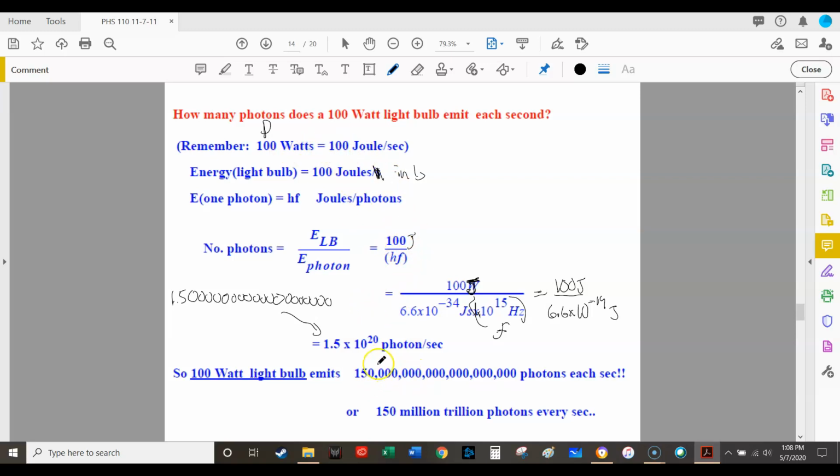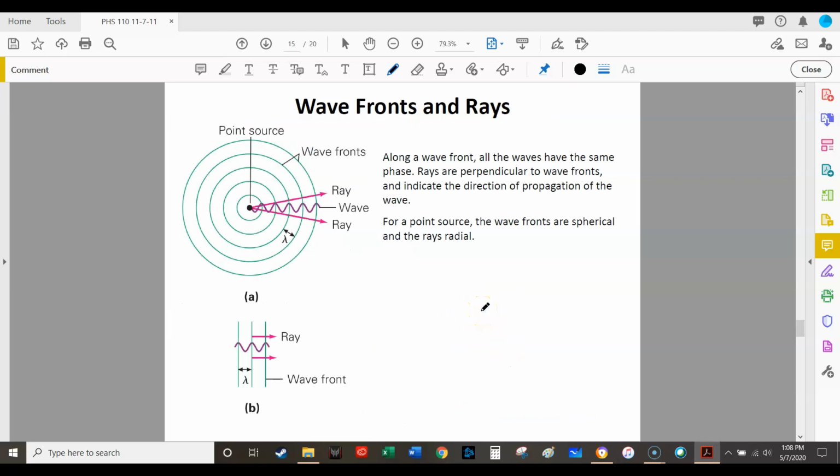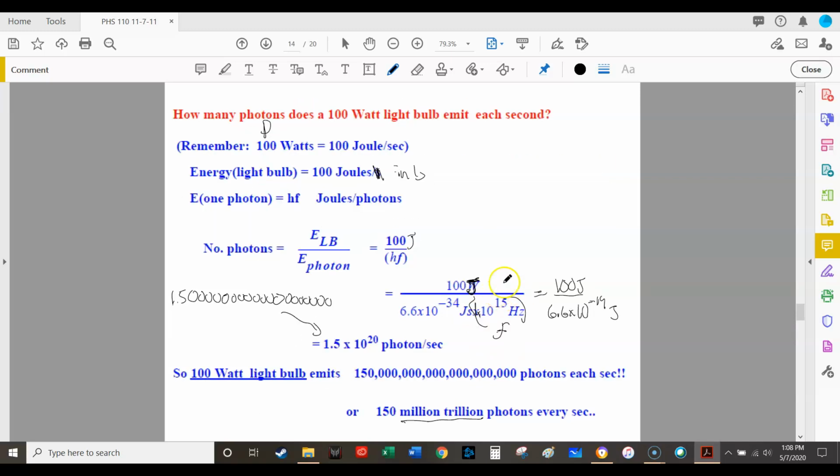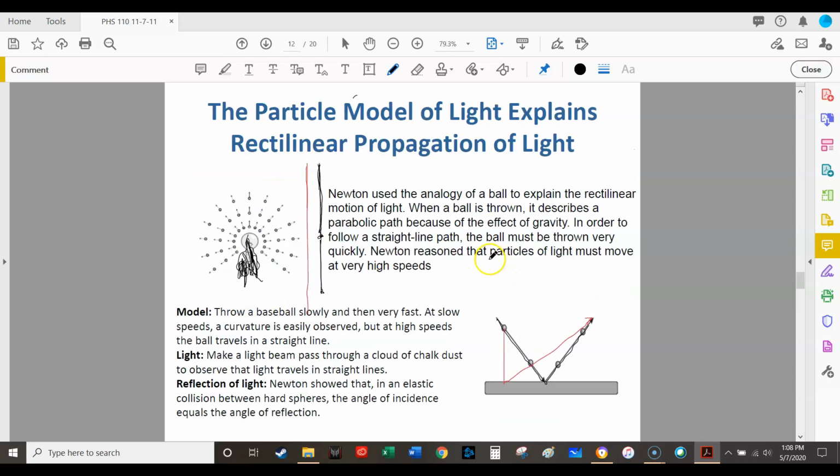That's amazing. Look at that. That is a huge number. It's 150 million trillion photons, which sounds like a made-up number. It's not.